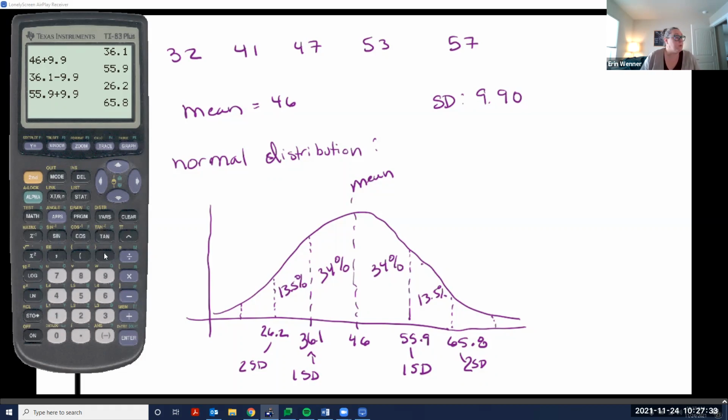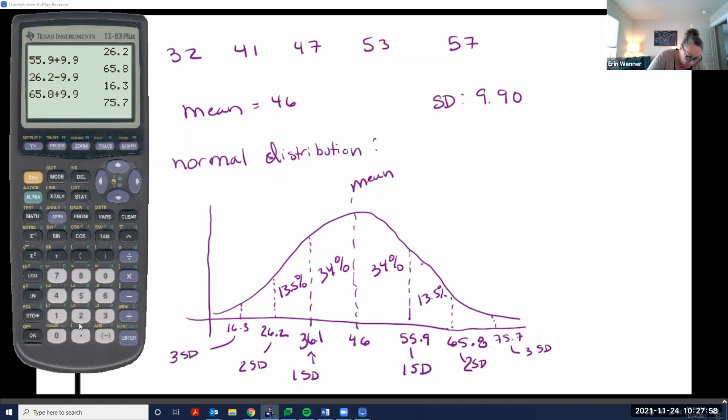So 26.2 minus 9.9 gives us 16.3, and 65.8 plus 9.9 gives us 75.7. And this is considered 3 standard deviations from the mean.